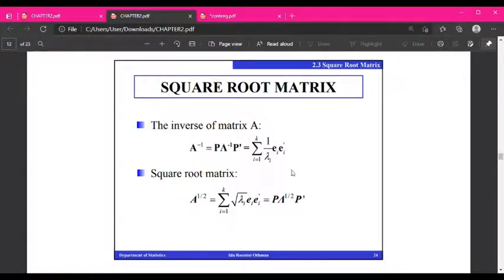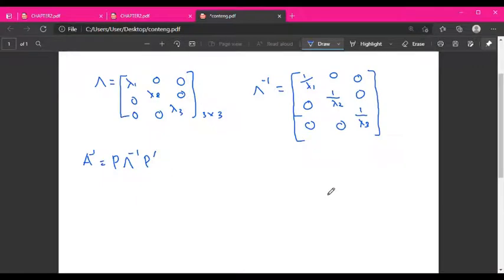Ataupun kalau macam sebelum ni kan, decomposition of the matrix adalah A kan, sebelum ni yang kita buat sebelum ni, summation of lambda I E normalize E transpose. Right?